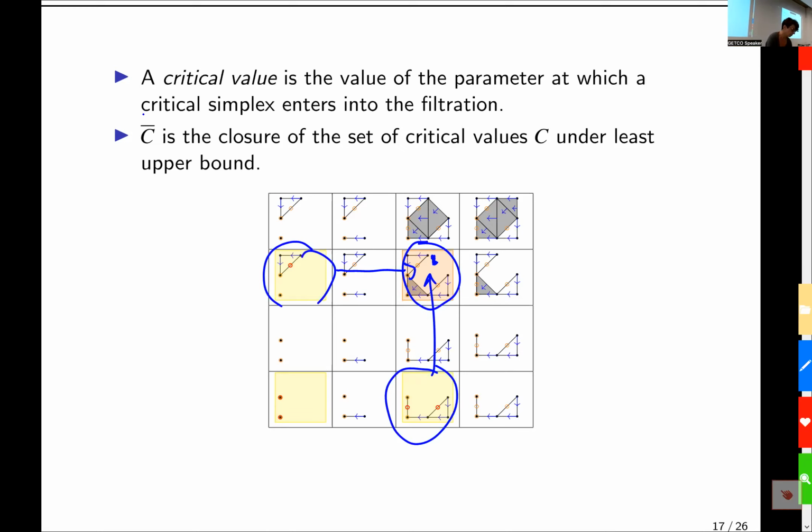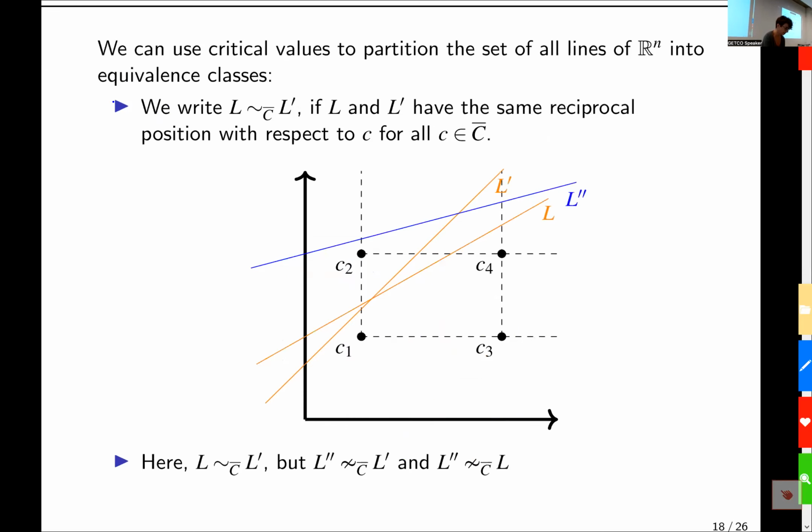And so in general, we consider the closure of the set of critical values of critical cells under least upper bound. And when we have this set, we can define an equivalence relation for lines. We say that two lines are equivalent if they are in the same reciprocal position with respect to the set C bar.